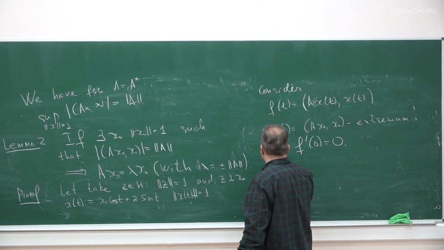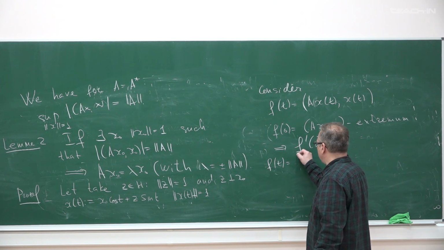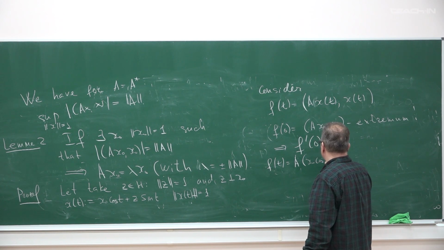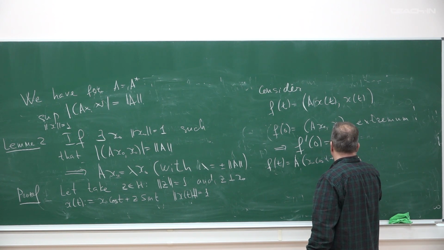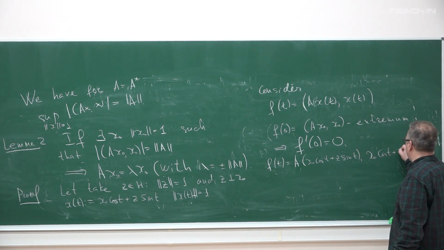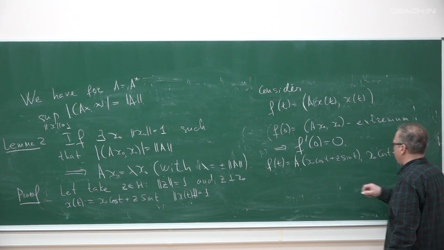So f of t equals, I write it, but I take away brackets shortly. I think you understand it.